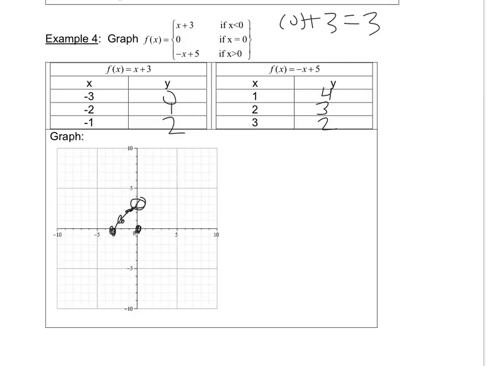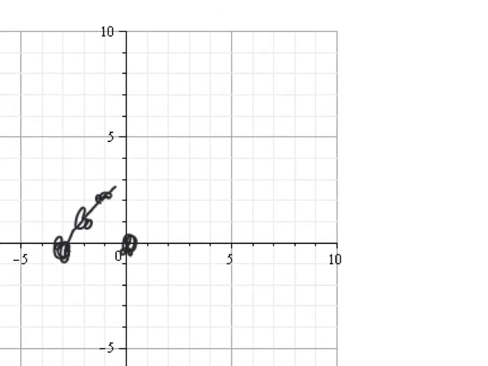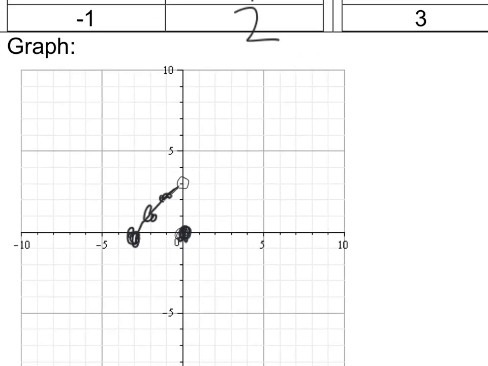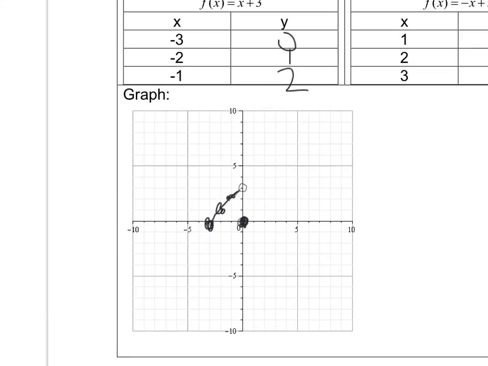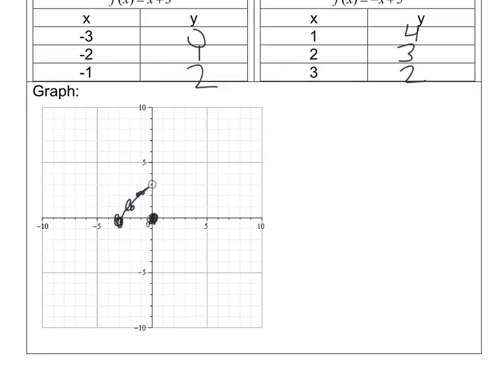Okay? So hold on, let's redo this so we understand this better. What you need to do is put an open point right there. Okay? And then we come down to here. Okay? So now we got a graph. 1, 4. 2, 3. 3, 2.